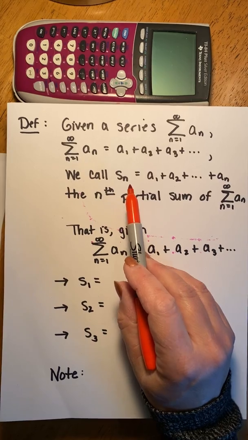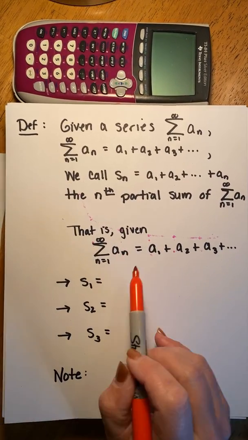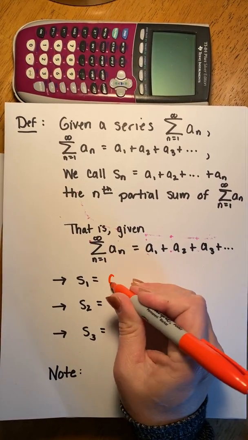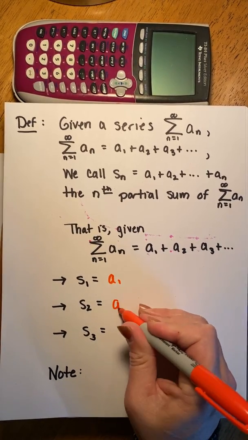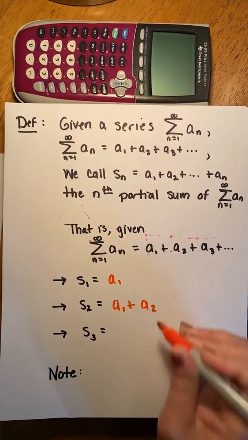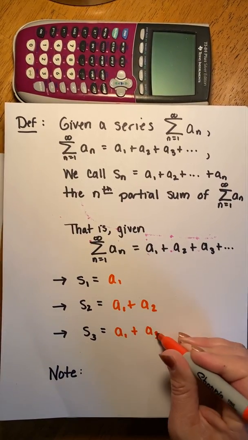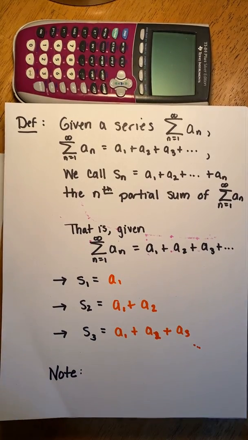So the partial sum is just the sum of the first n terms. Given the series from 1 to infinity, the first partial sum is just the first term of the sequence. The second partial sum is the sum of the first 2 terms. The third partial sum is the sum of the first 3 terms, forever.